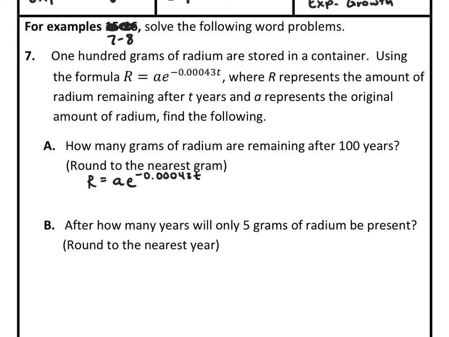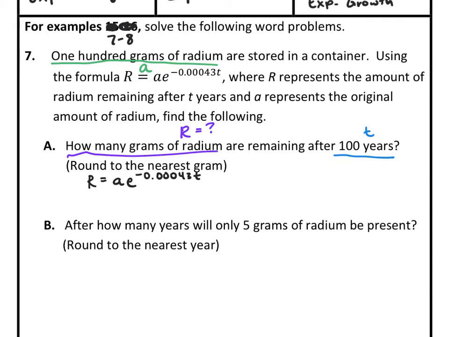I need to figure out a couple of things, right? For example, 100 years, that's going to be t. What else? 100 grams of radium, it's going to be my A. And remember e is a number, it's about 2.7. So the question is asking for how many grams of radium remaining. So it's asking for R. R is the value in question.